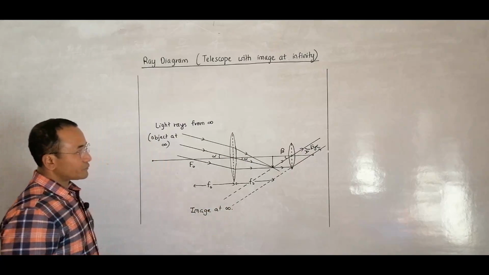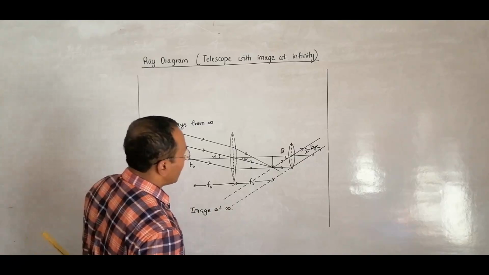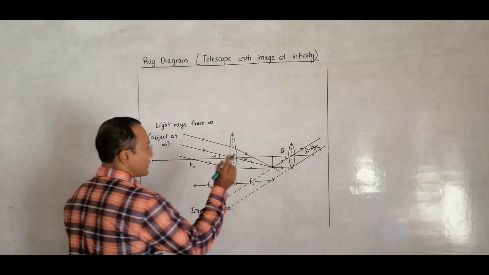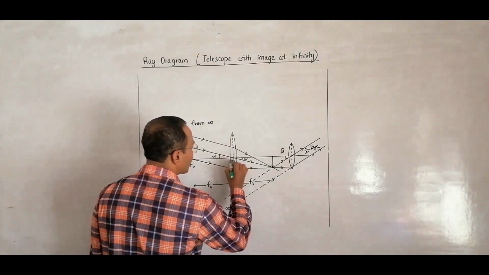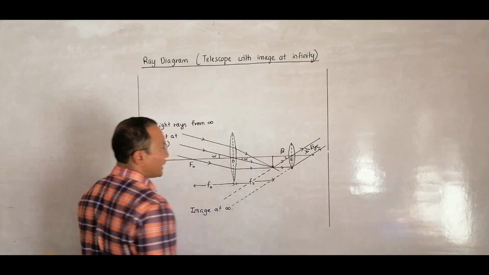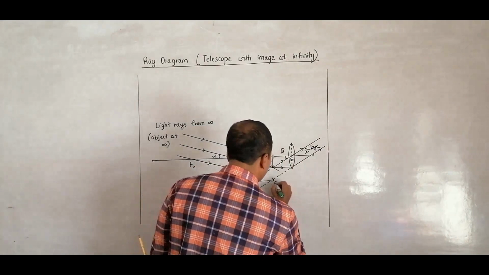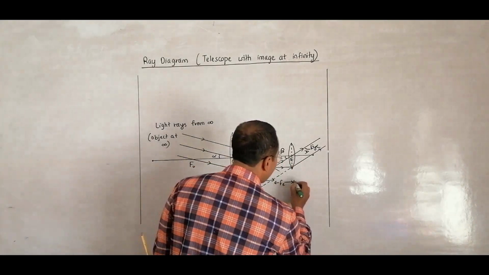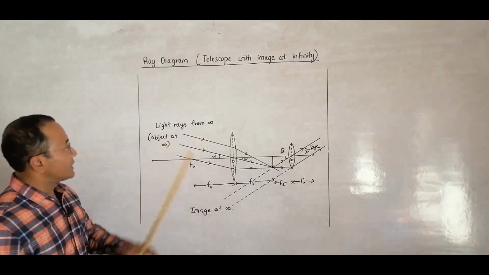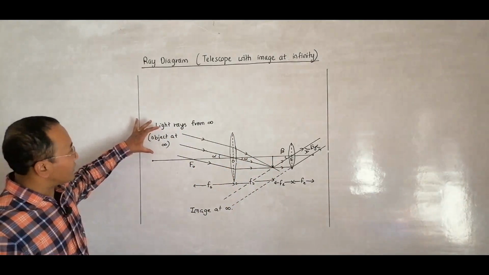So this forms our complete figure. So let me just write the symbols here. This is O, optical center for the objective. This is E, optical center for the eyepiece. So this thing is FE, FE, and this thing is FE, again FE. So what happened was, parallel light rays came from infinity.